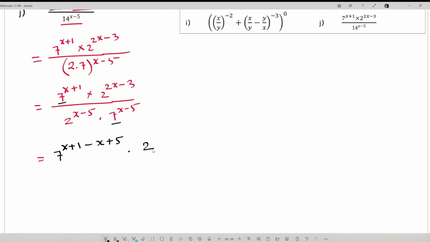Then for 2, in the numerator the power is 2x minus 3 and in the denominator the power is x minus 5, it will become minus x plus 5, right? Then this plus x minus x out, so the answer is 7 to the power 6. And here look, 2x minus x is only x, and minus 3 plus 5 will be plus 2, and this is our answer.